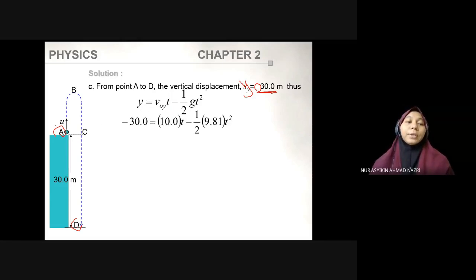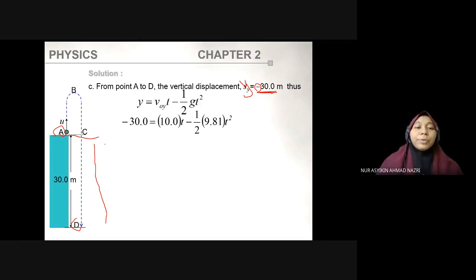Because for case yang kita dealing dengan free fall ataupun case yang dealing dengan constant acceleration, gravitational constant acceleration. Okay, so we will take where the object launch as our origin. Okay, so anything yang below this akan jadi negatif. Okay. So semua yang bawah ni akan jadi negatif. That's why tinggi bangunan kita ambil sebagai negatif here.